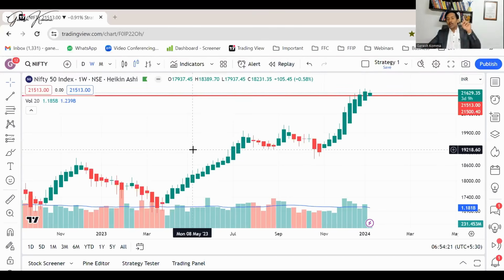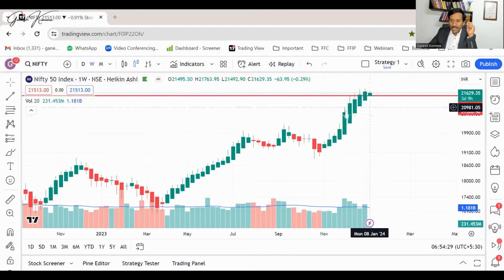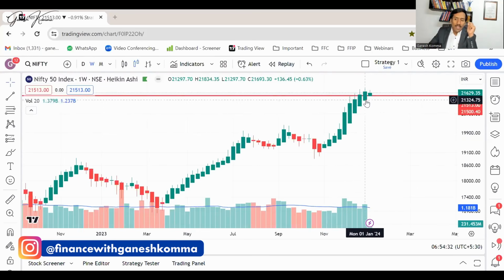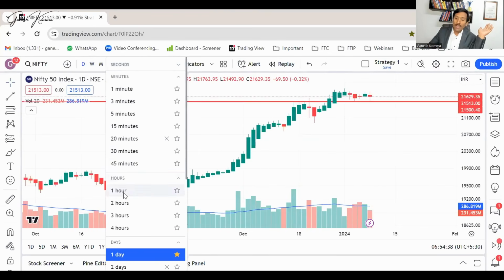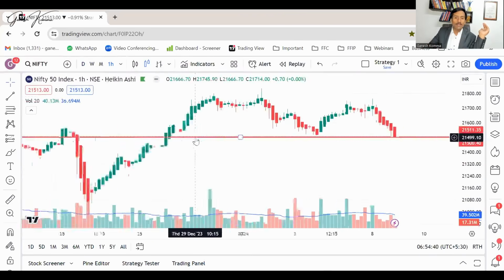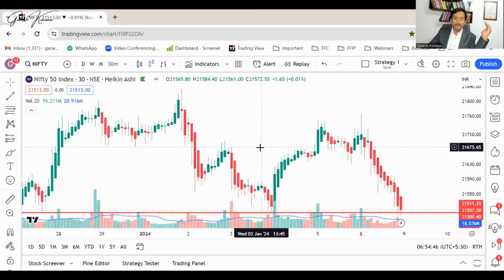So now comes a very important question: sir, on what all time frames can I apply Heikin? Right now we are on a weekly chart, and every week it is analyzing. You can go to a daily chart. You can also go to an hourly chart or a 30 minutes chart, or even much lower.